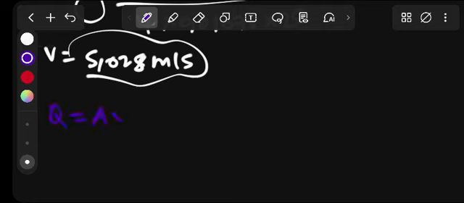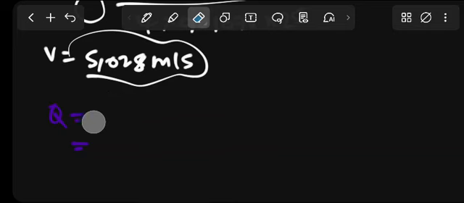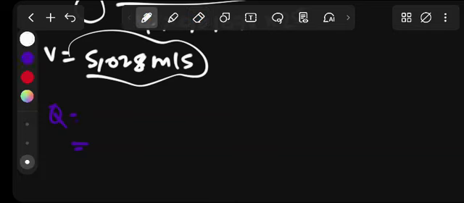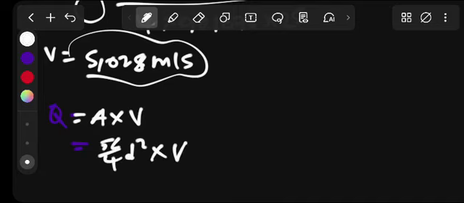Area multiplied by velocity. Area is pi over 4 the diameter, d squared, isn't it? This is pi over 4 d squared multiplied by V.